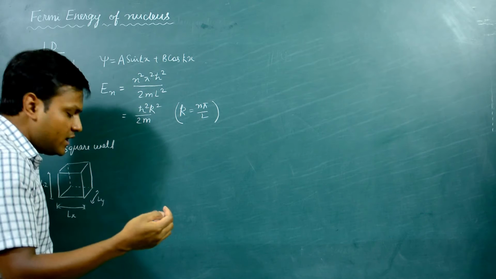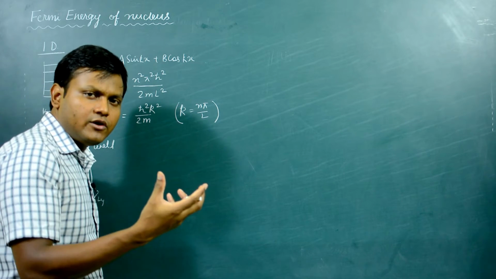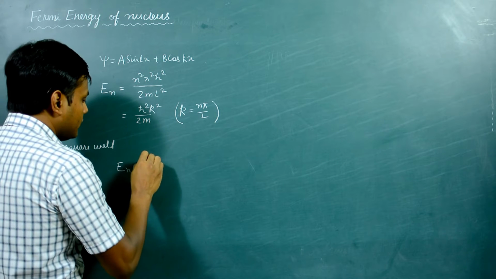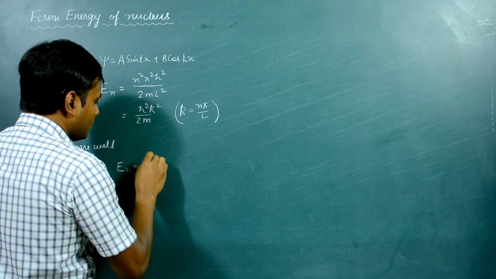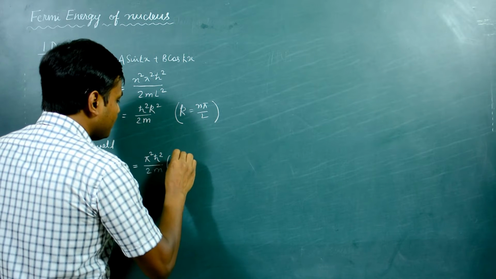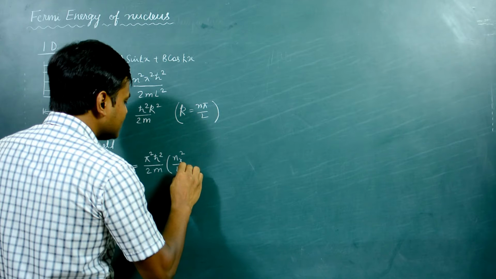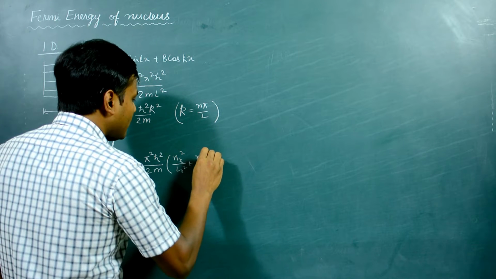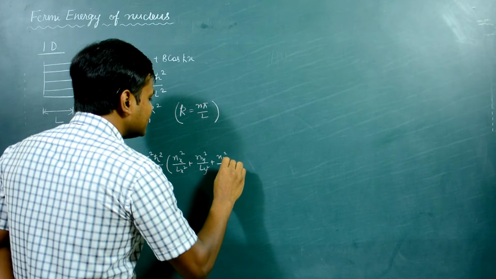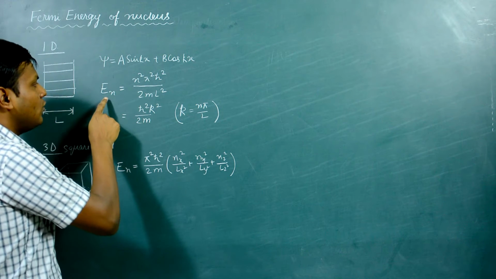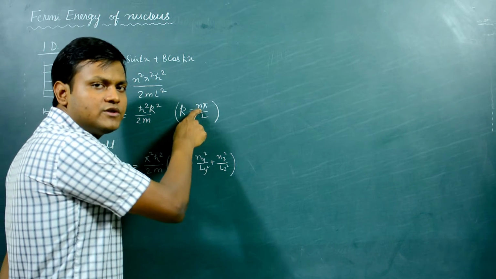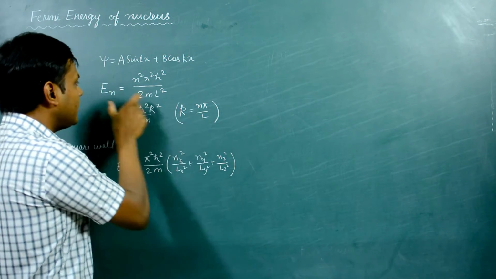In that case, the energy levels of such a three-dimensional potential well are given by pi squared h cross squared by 2m times nx squared by Lx squared plus ny squared by Ly squared plus nz squared by Lz squared. In a similar fashion, in the one-dimensional square well potential you had a quantum number n which can take values of 1, 2, 3 and on, which determines the total energy.